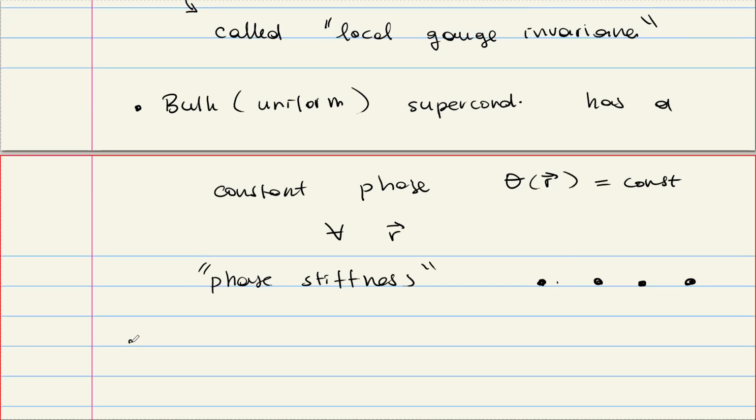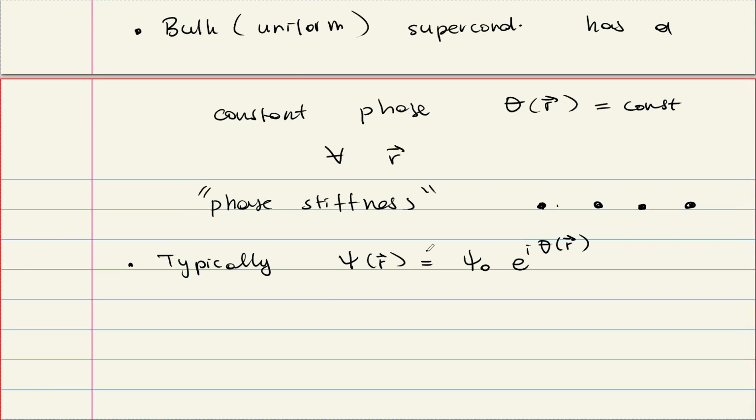And typically, we have this psi of R is some constant, or sometimes people call this a slowly varying function, times e to the i theta of R. So the language is like this: this norm, if you want, I can also put it like this, psi, is sometimes called Higgs.